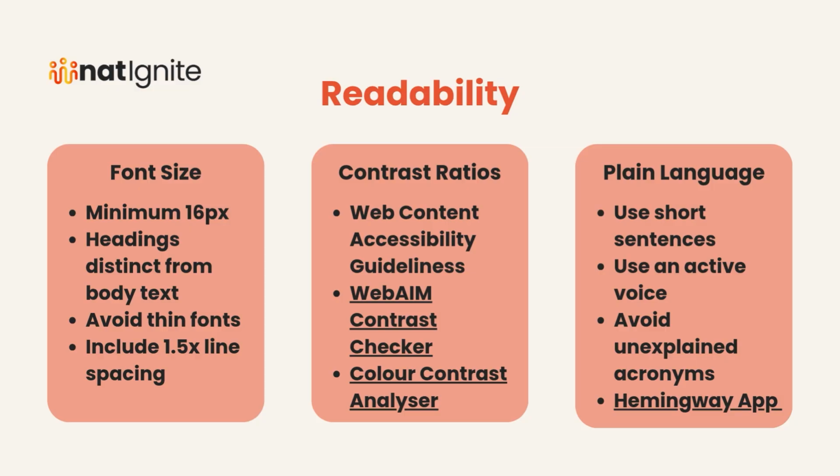I won't go exactly into the guidelines because they can be quite technical and specific, but there are lots of guidelines online. Web Content Accessibility Guidelines sets the standard. You can use a contrast checker, which I would highly recommend. It would make it much easier. WebAIM has a contrast checker. You can use an analyzer app online. So these are some tools worth looking into.